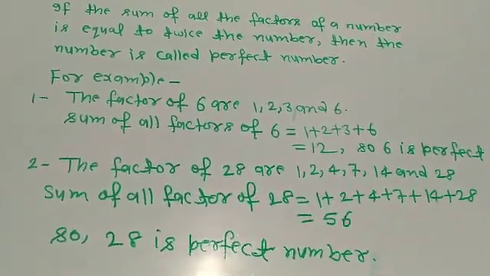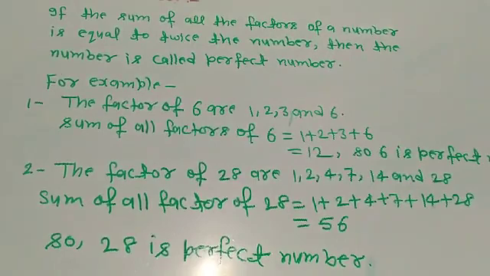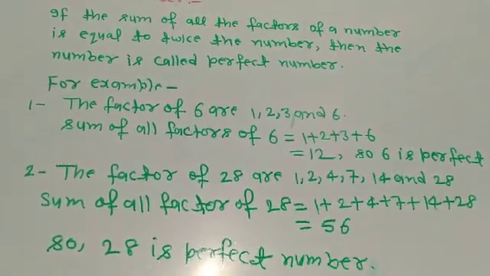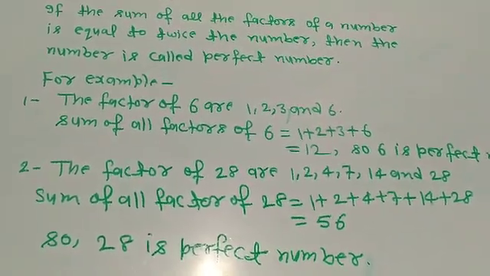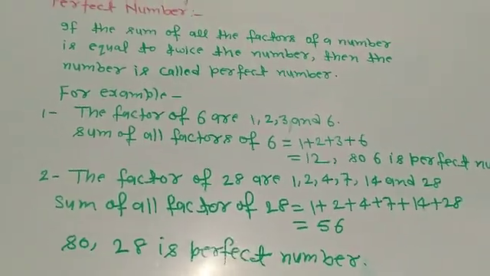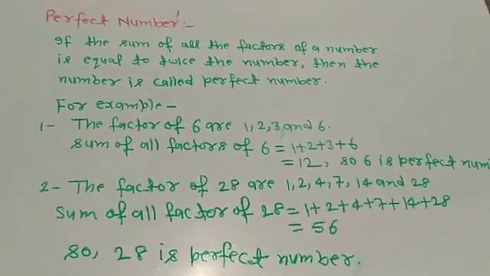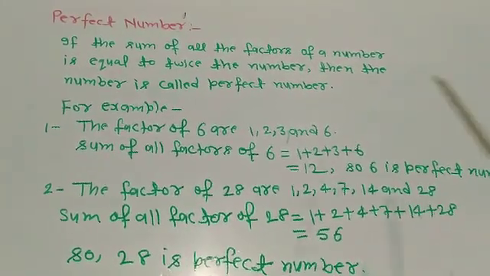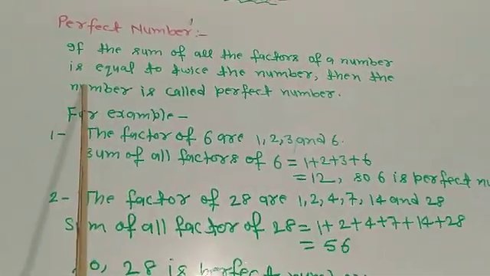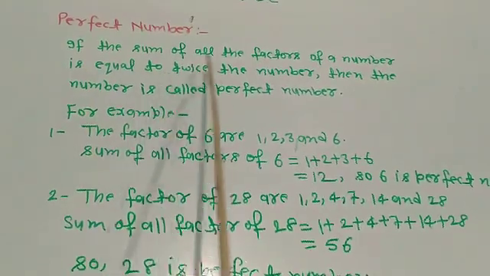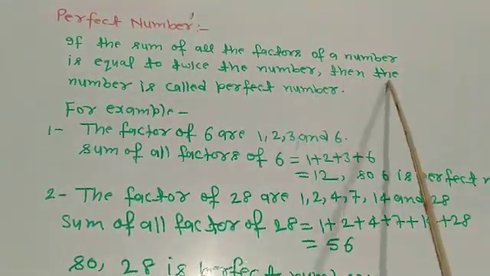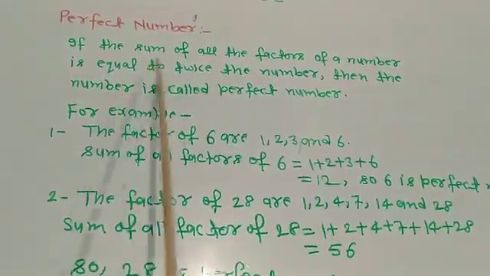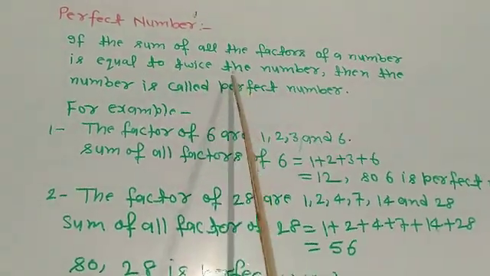Let's see some examples and check whether a number is a perfect number or not. Once again, we discuss perfect numbers. If the sum of all factors of a number is equal to twice or double the number.